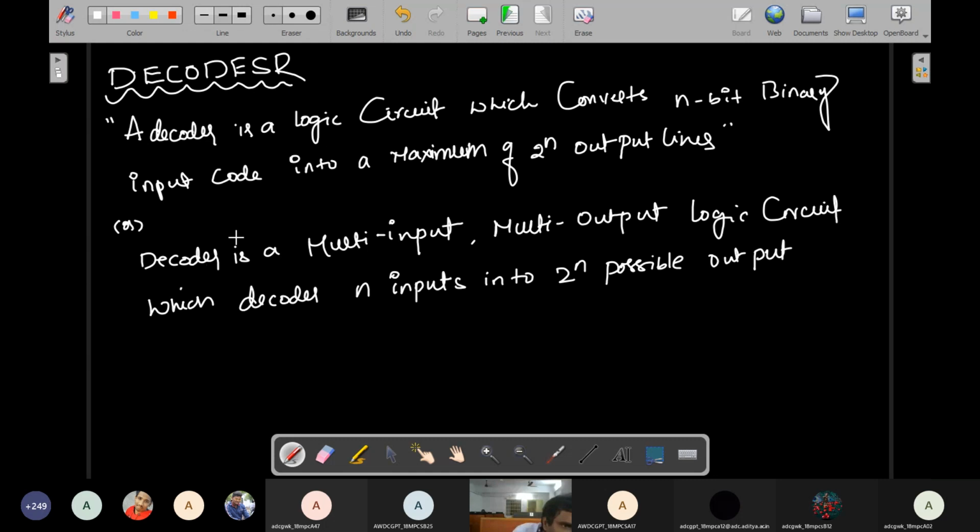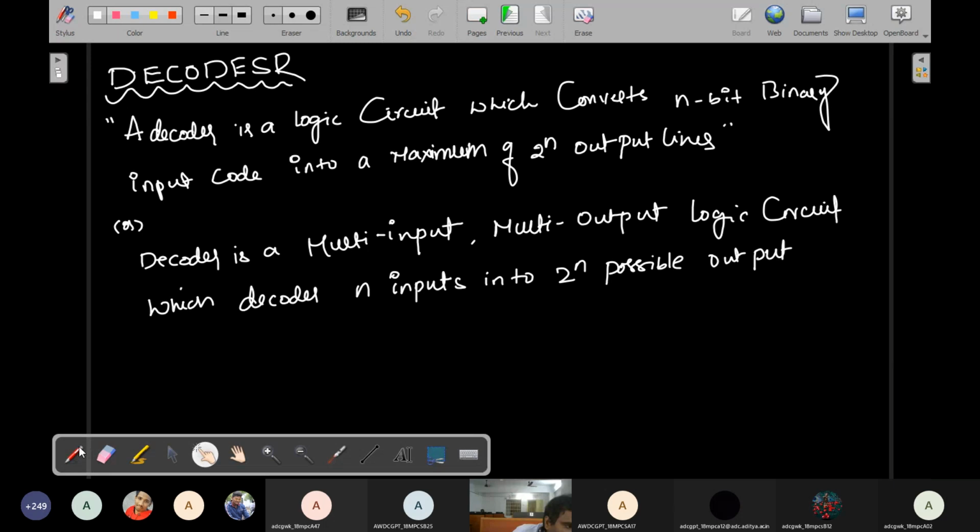If you see the block diagram of a decoder, you can understand it very easily. You can understand by seeing the block diagram, so I write the block diagram.